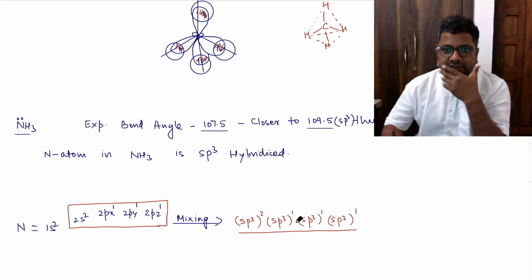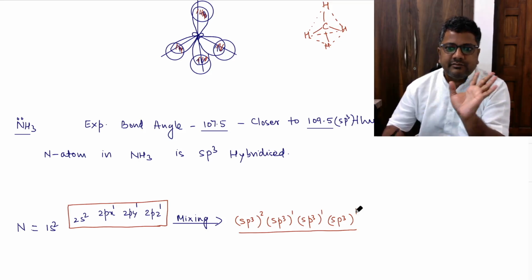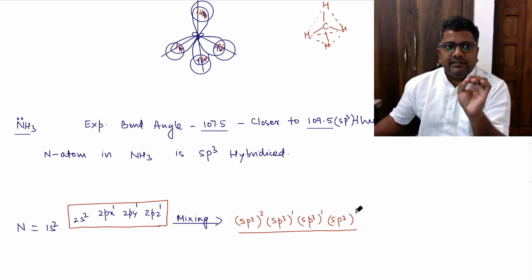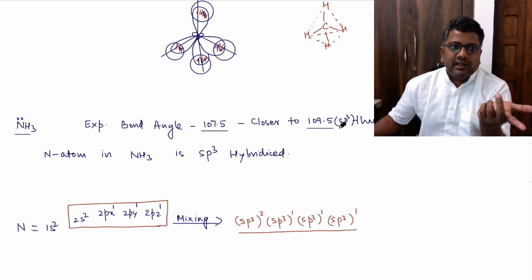Now, see, dissymmetry is there. See, some degree of dissymmetry is there or not. Here 2 electrons, here 1 electron. So obviously some extent of dissymmetry will come in this molecule, and that is reflected in the bond angle, right?